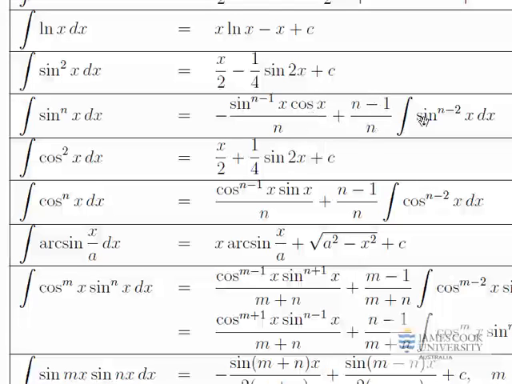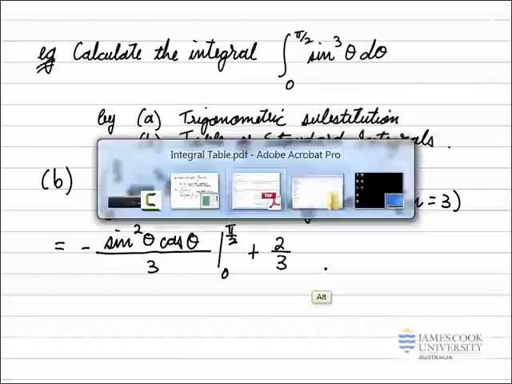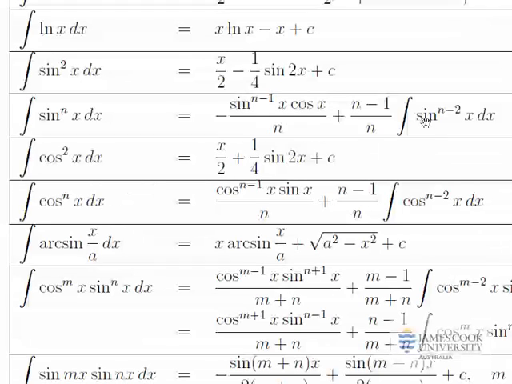Plus, there's a constant in front of this integral. N is equal to 3, so 3 minus 1 is 2, so we've got plus 2 on 3, or 2/3, times an integral. We'll write down the integral with the same limits, 0 to pi on 2, of sine to the power of n minus 2 x dx. Again, n was 3, so 3 minus 2 is 1, and sine to the power of 1 is just sine x.